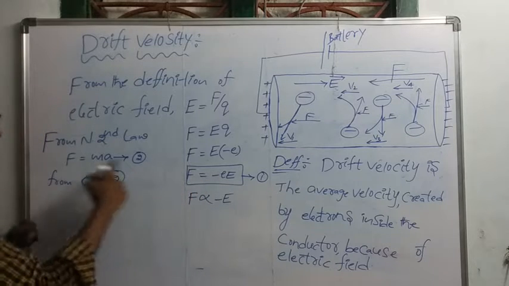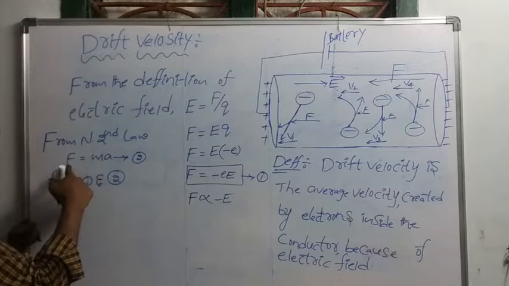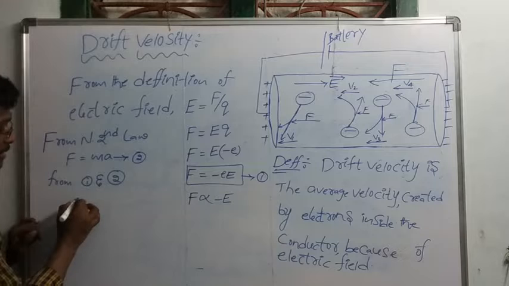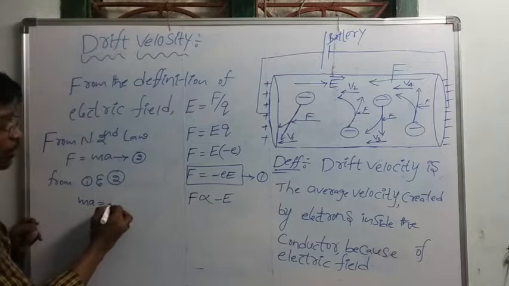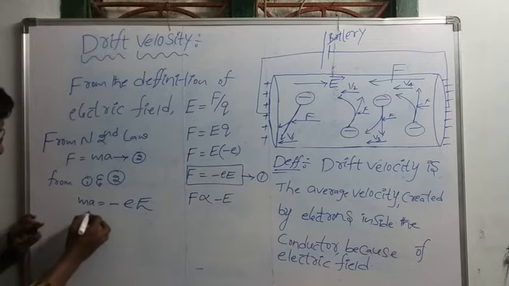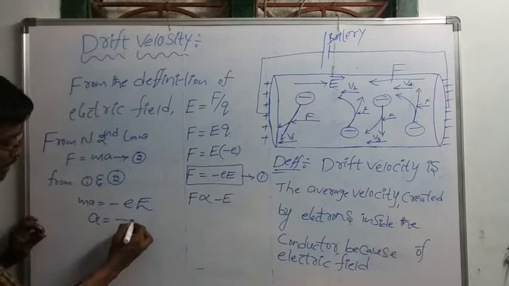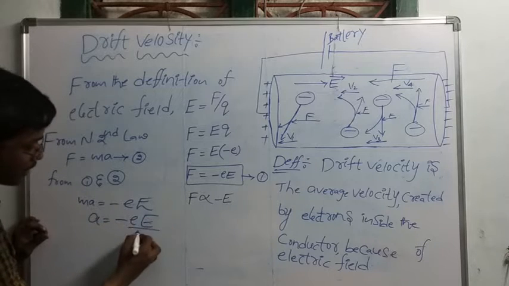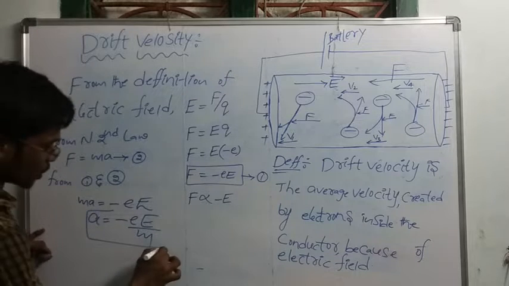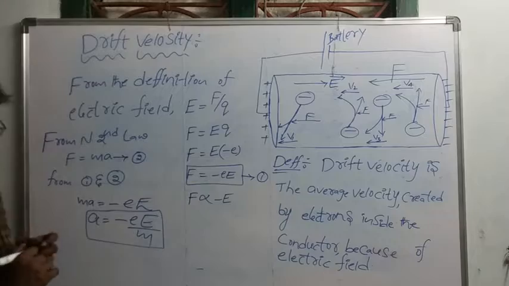LHS is the same, F, so the RHS we can equate. So what is RHS? ma is equal to minus eE. Keep a here: a is equal to minus eE by m. This is the acceleration.